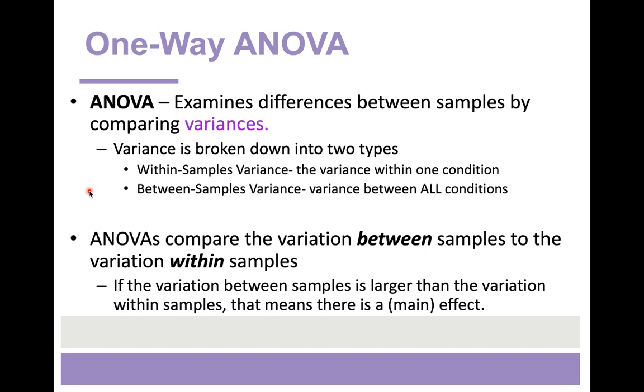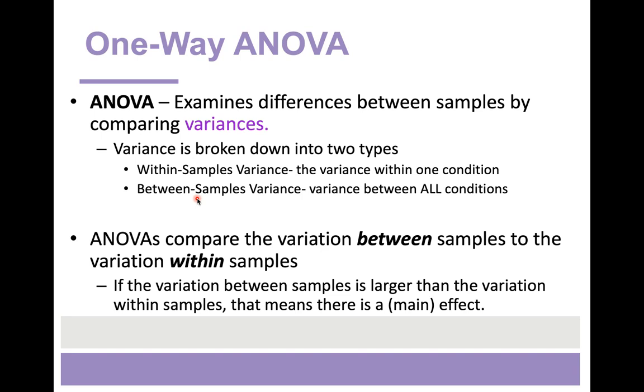That's the question we're asking. In this example, does the amount of medication cause these three groups of people to begin to differ from one another? That's our between samples variance, right? Is the 0 milligram group different from the 10 milligram group and different from the 20 milligram group on symptoms, right? Whatever our outcome is.